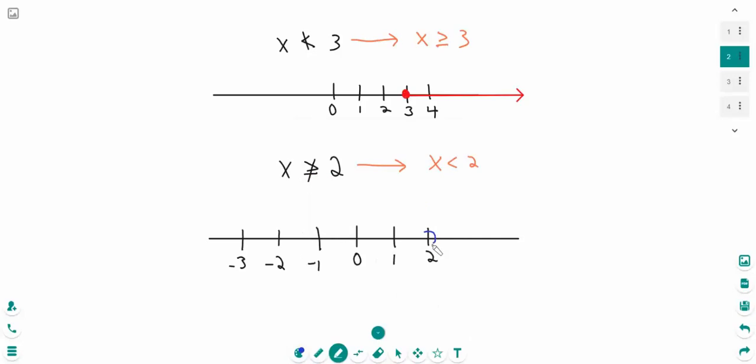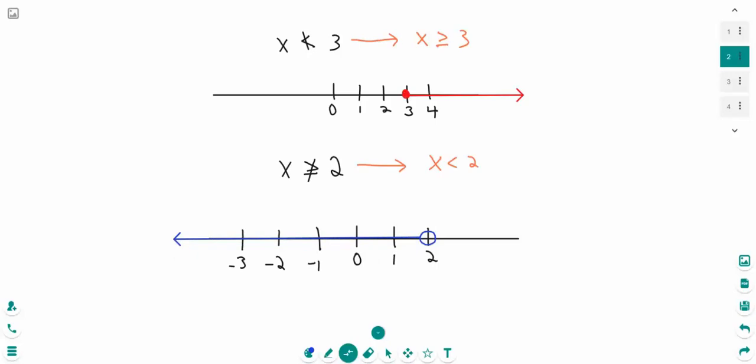In this case, it's going to be what? A hollow circle, right? Because it's not equal to a 2. That's not a possibility. It has to be less than a 2, so we can't solidly mark the 2. Let's then draw our line. So it has to be less than a 2, so we're going to go off for infinity in that direction. Okay? Okay, very good. So that should make sense to you.